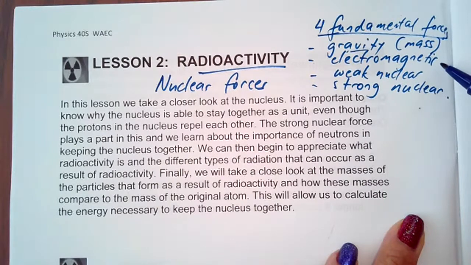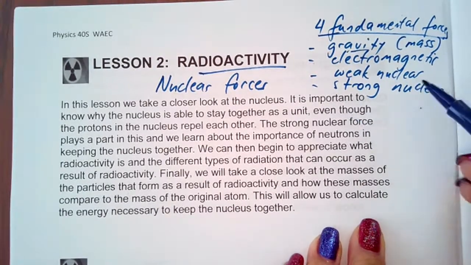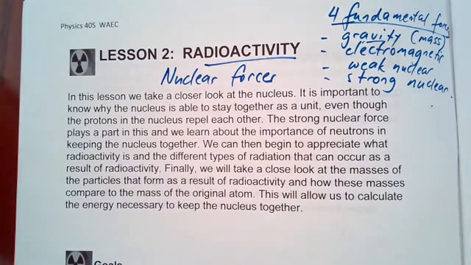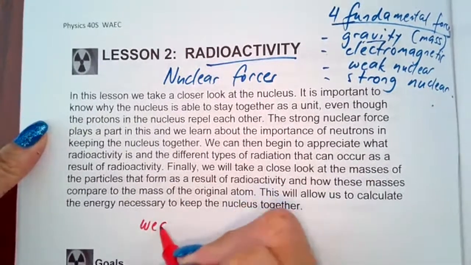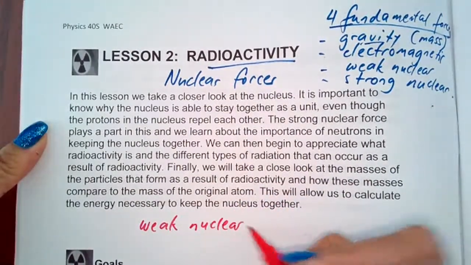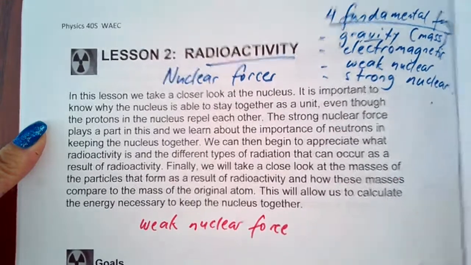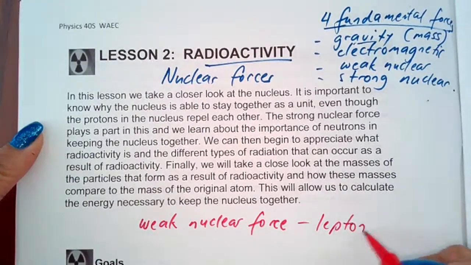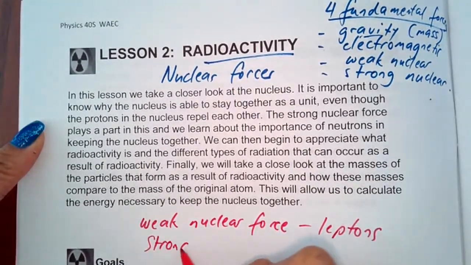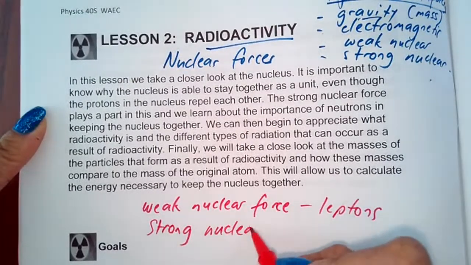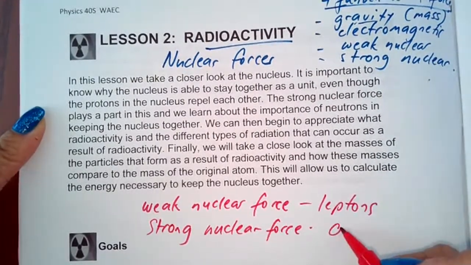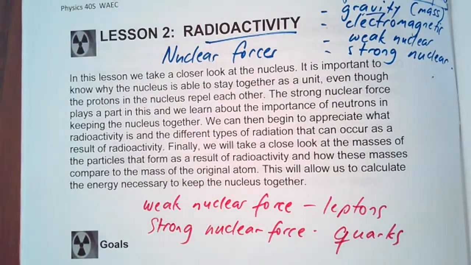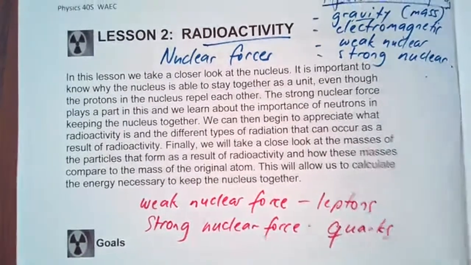Electromagnetic force is the charge, and weak nuclear forces, the particles that act on the weak nuclear force are called leptons, and the strong nuclear force acts on particles we call quarks. We're not going to be going into so much detail about the leptons and the quarks.